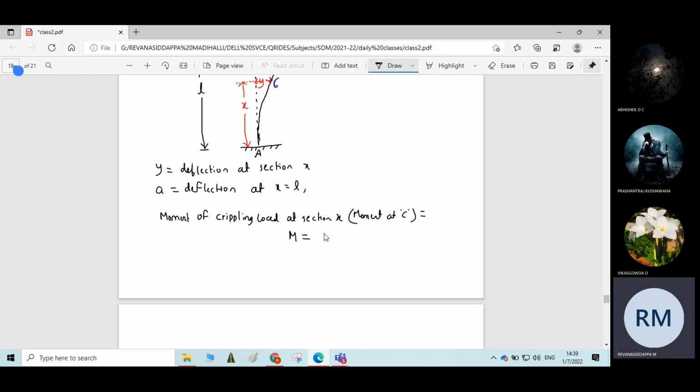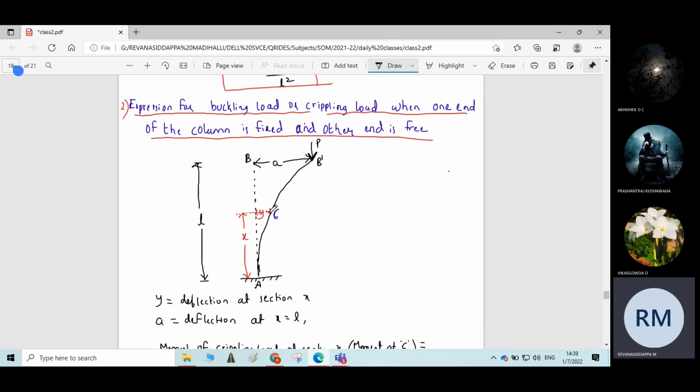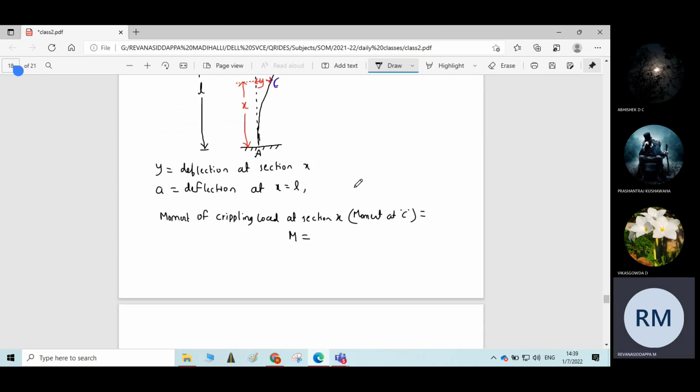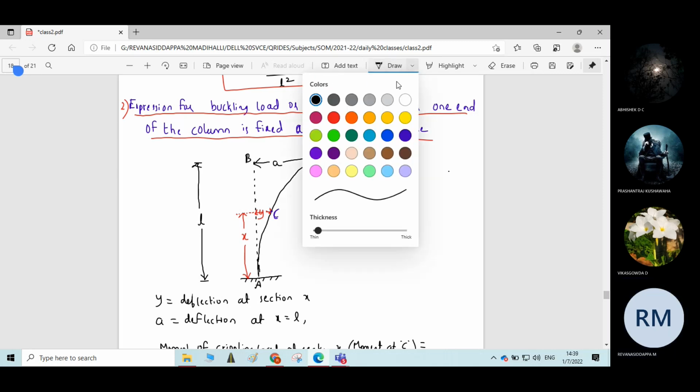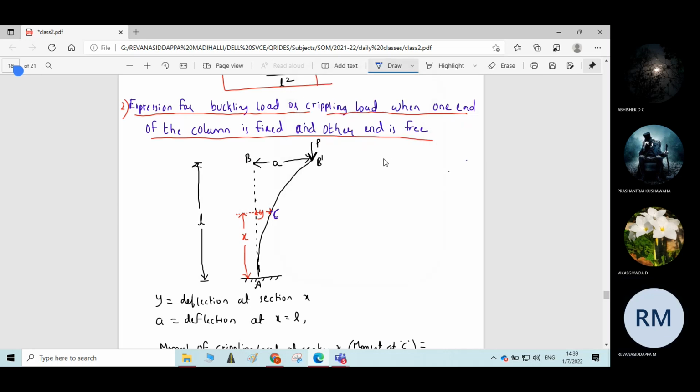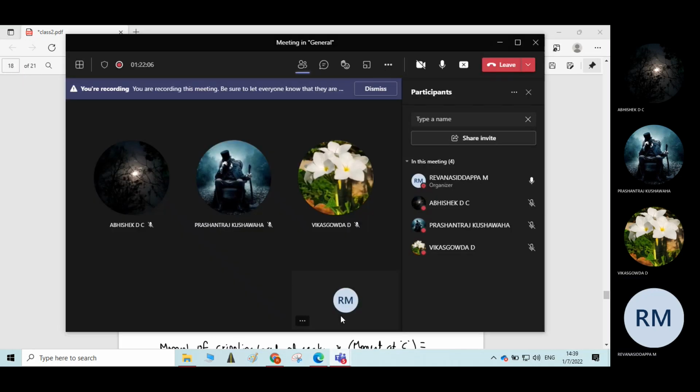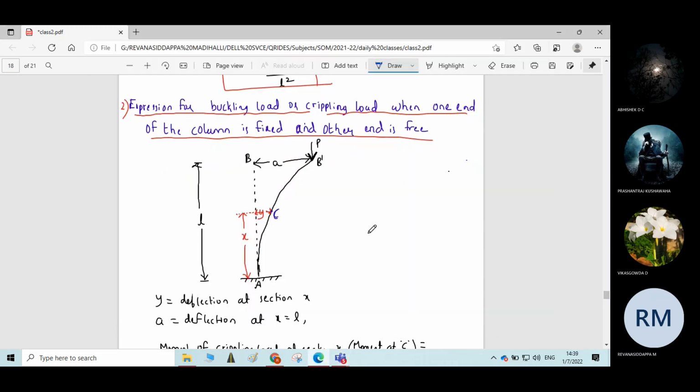M is equal to, tell me, what is the moment of force P about point C? Moment is force into distance. Force is P. What about the distance, friends? The perpendicular distance of point C from the line of action of force P. So this is the line of action of the force, correct?